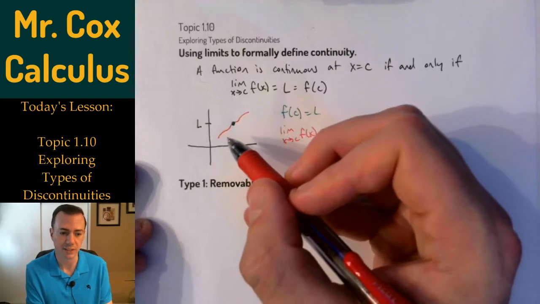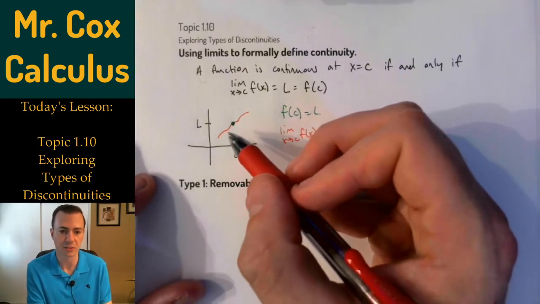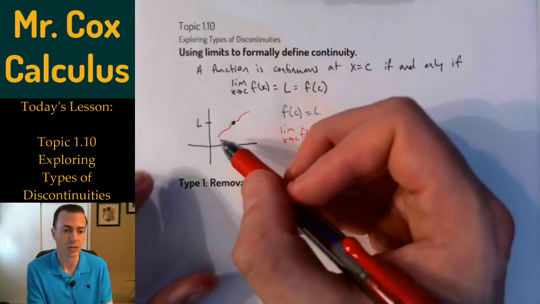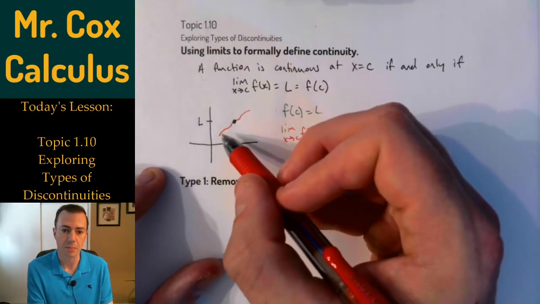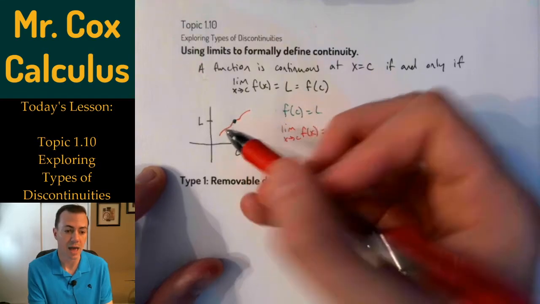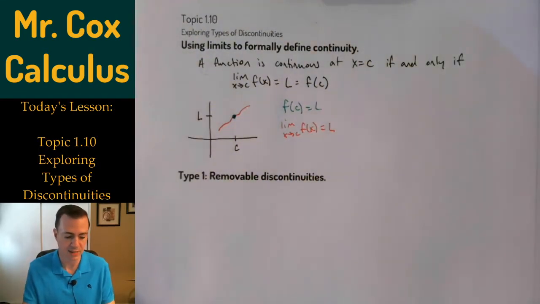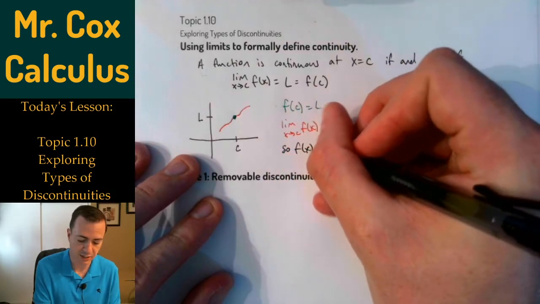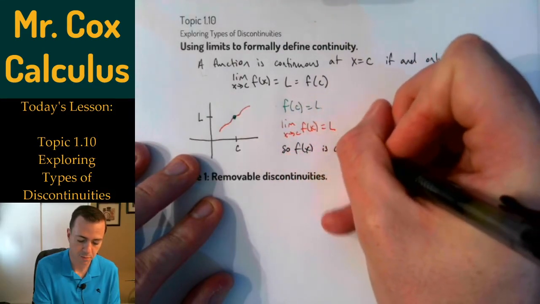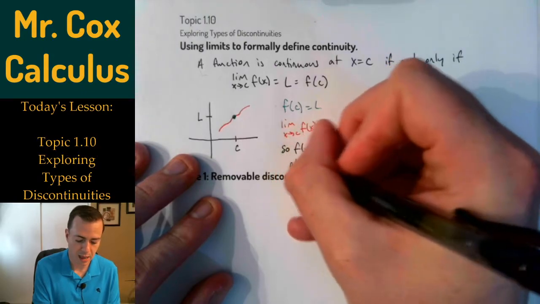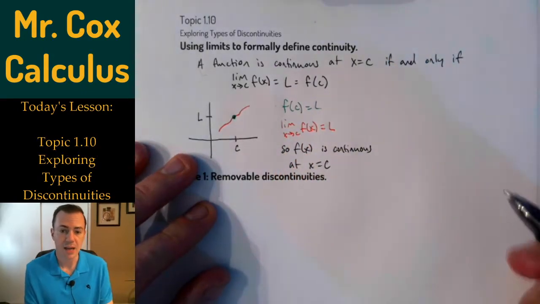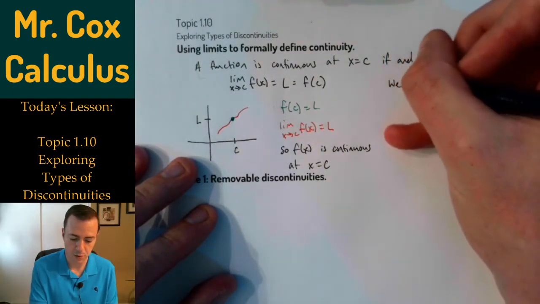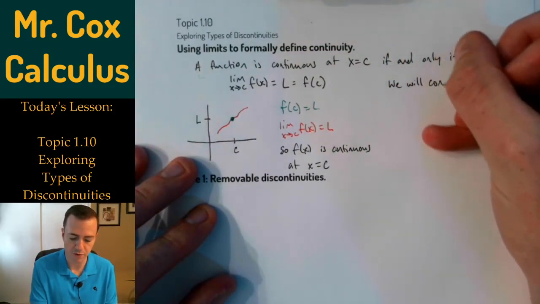I'm going towards c, that's what the limit behavior is describing, and I'm equal to the value of L. I should have said I'm going towards L earlier. But you can see I'm going to L, I'm at L, and so therefore we can state that f of x is continuous at x equals c.